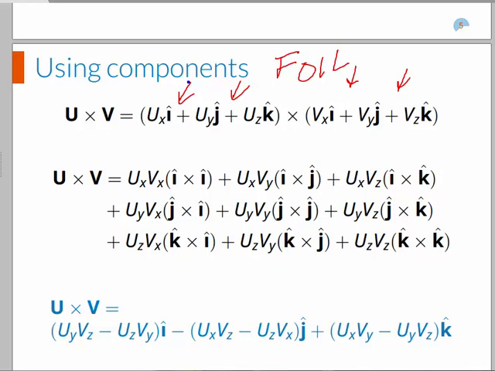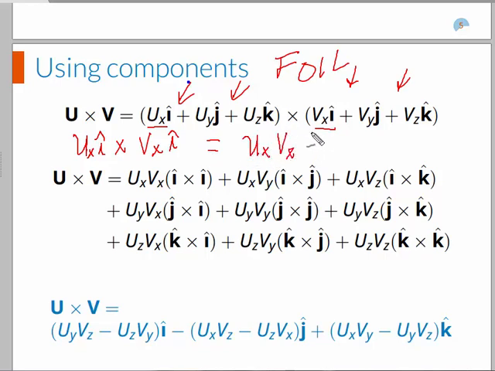So let's look at the first term. We will have ux, unit vector i, cross vx, unit vector i. So I took those two terms and took the cross product of them. Now, because of the associative property with respect to scalar multiplication, we can essentially factor out the scalars ux and vx.